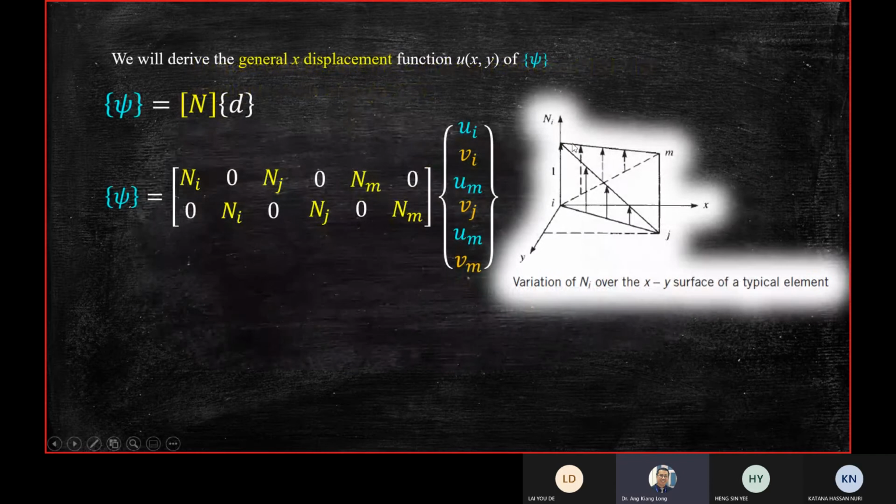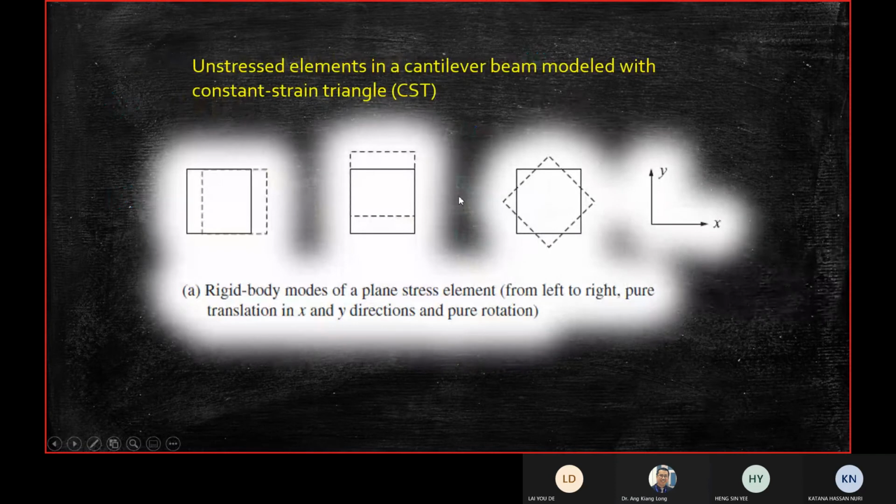So again, we are in chapter 6. We look at the plane scenario. Plane scenario means all the stress and strain on the plane itself. These are the deformations that can happen in the cantilever beam. We will use a strategy called constant strain triangular, or in short, CST.